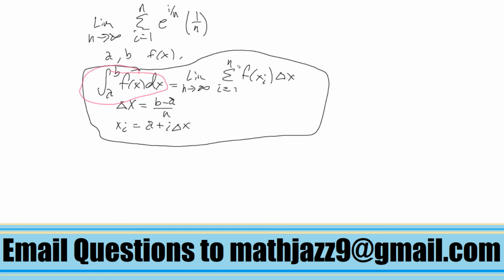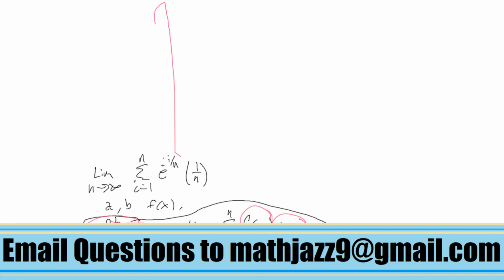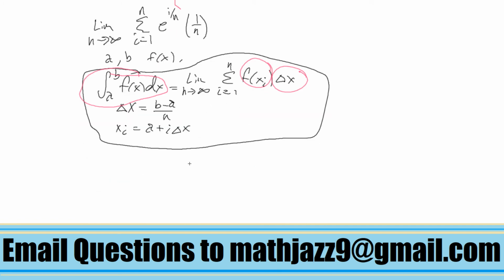So the first thing that we do is we try to find an f of x sub i and a delta x. Here is our f of x, and here is our delta x, we think. So delta x equals 1 over n, meaning that b minus a equals 1.